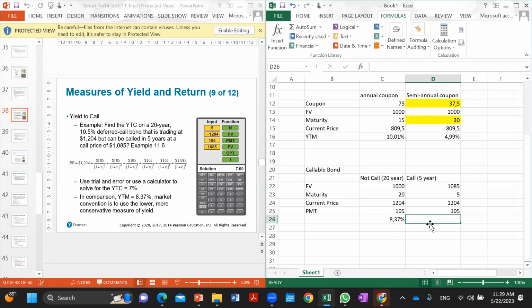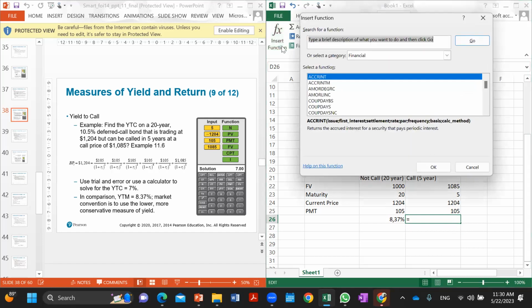But with this call right, we will only hold it for 5 years, because the company will repay the debt after 5 years, and they will give us a little profit as compensation. So the callable price will be 1085 US dollars.